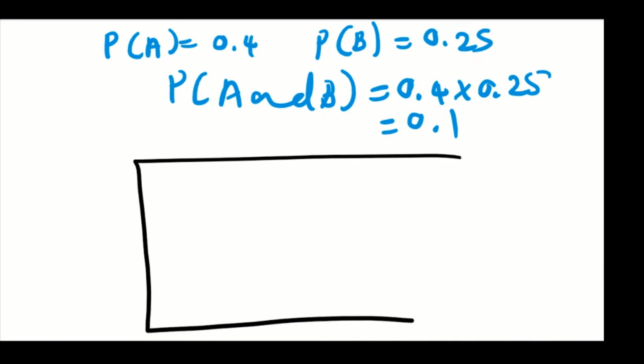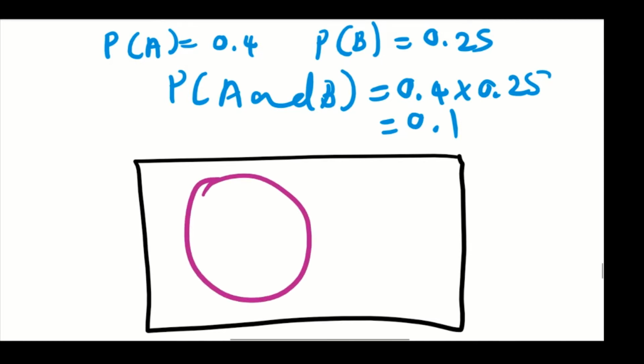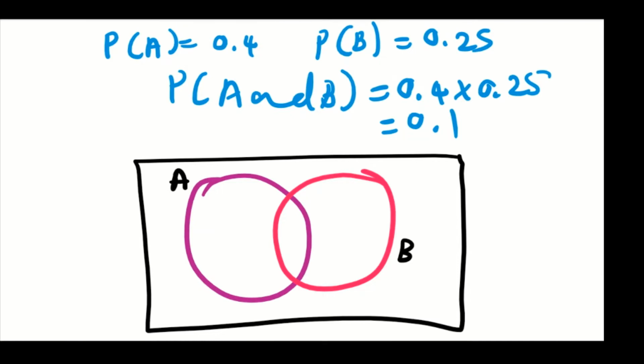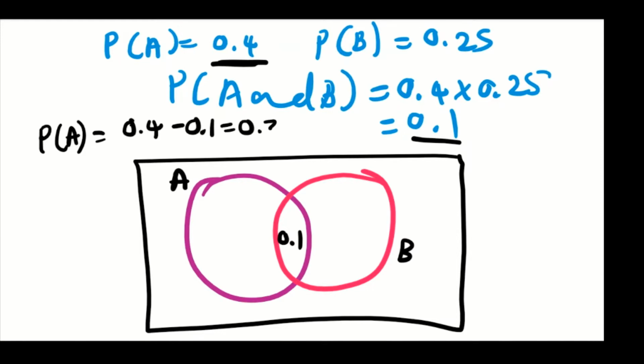And representing this in our diagram, we're going to have this would be A, this would be B, and the intersection is 0.1, so here it's 0.1. The probability of A only would be 0.4 minus 0.1, which is 0.3.